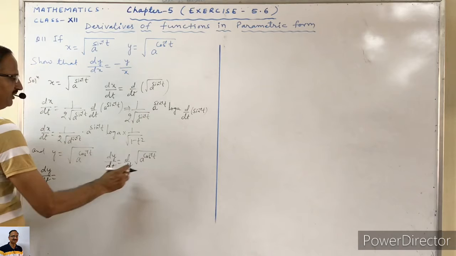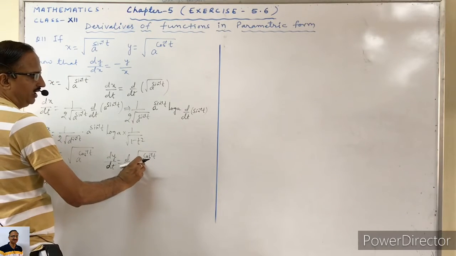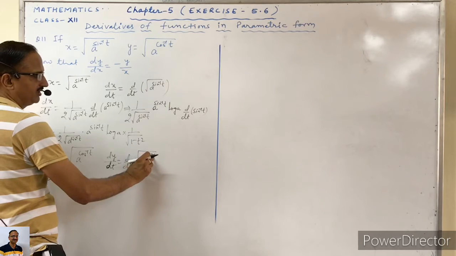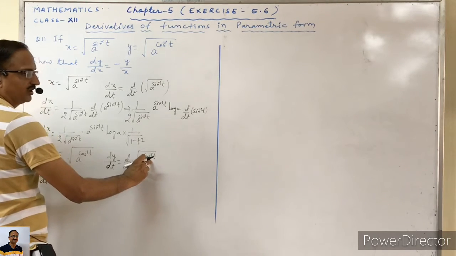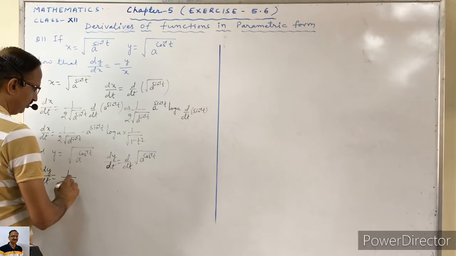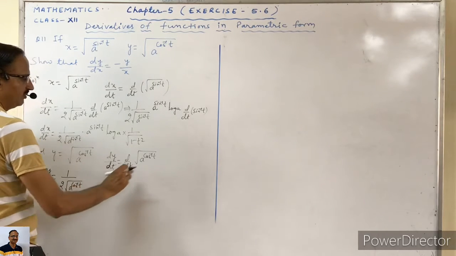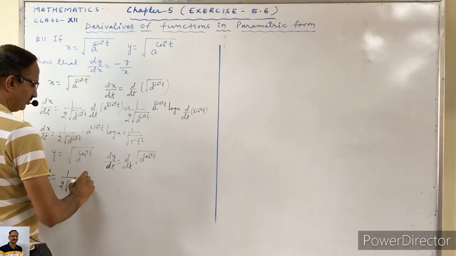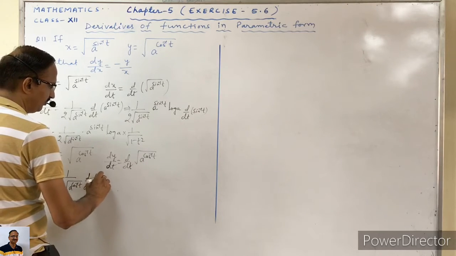On right hand side we have to find the derivative of this root a raised to power cos inverse t. So we will assume this term as t. So the derivative of root t is 1 by 2 root t, means 2 root a raised to power cos inverse t. But since this is not t, we will write the derivative of this term in the product.